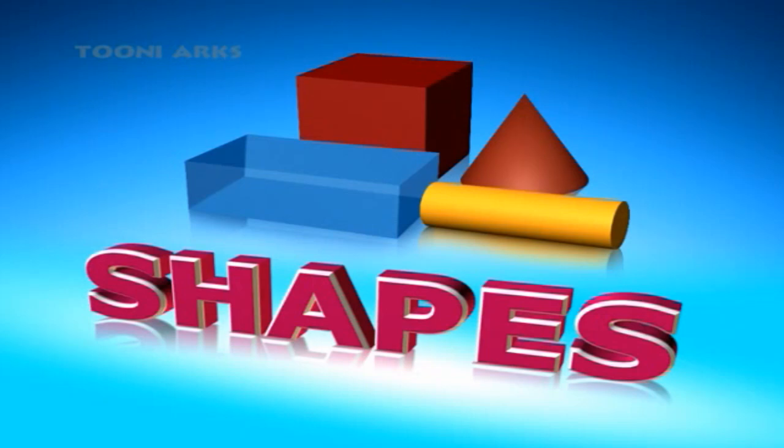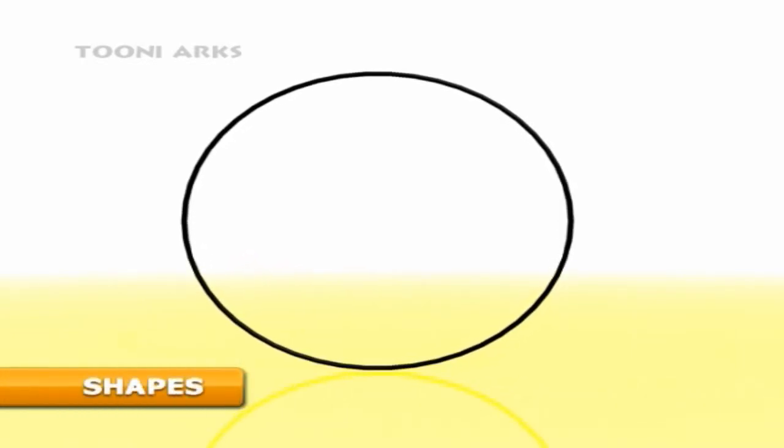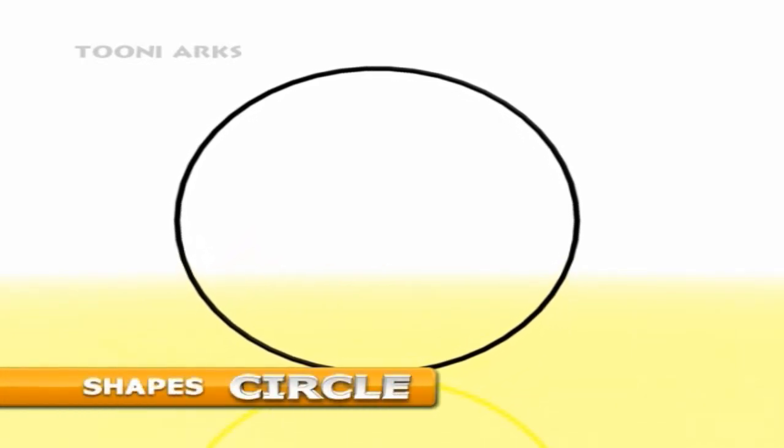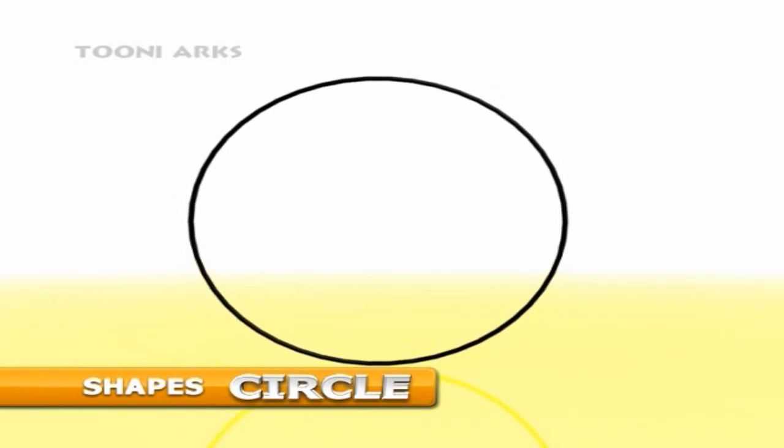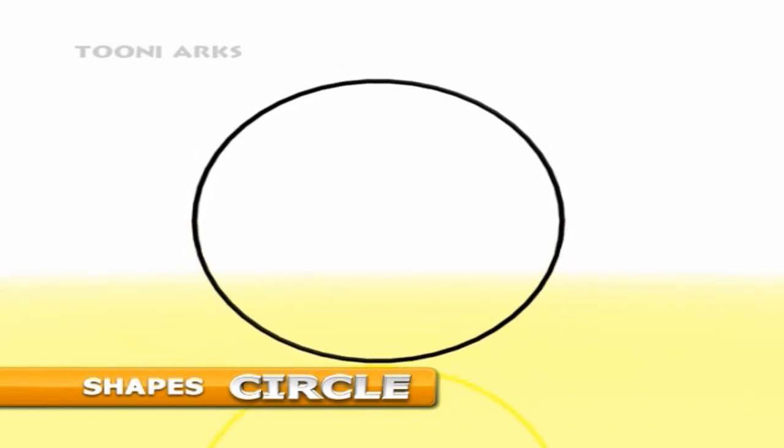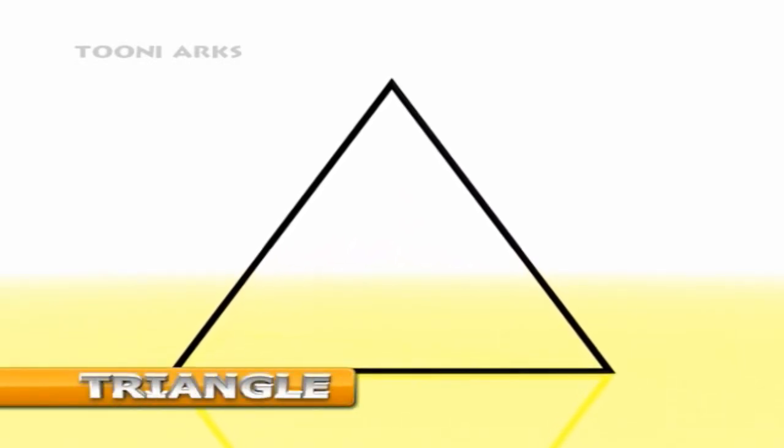Let's learn about some shapes today. This is a circle and it's round in shape. This is a triangle.